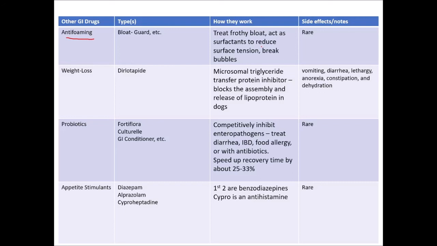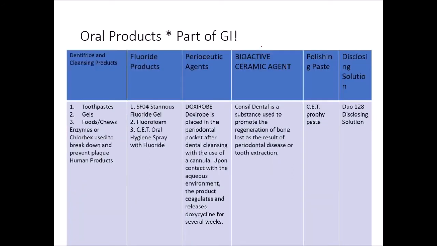And the thing is, when we spit our toothpaste out, we don't swallow, but animals don't do that. They'll swallow the toothpaste, and too much fluoride will make them sick to their stomach. Fluoride products come in gels or foams or sprays. Typically, when we're using them, we're rinsing the mouth out afterwards after a dental cleaning.